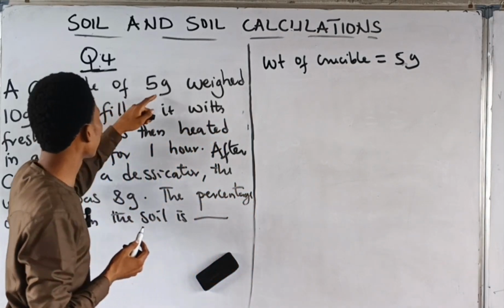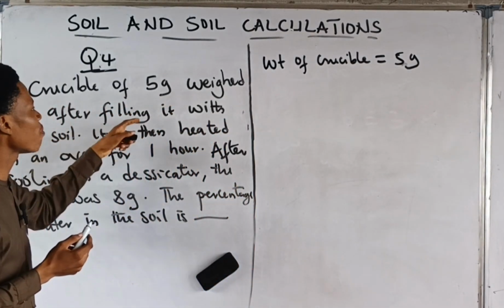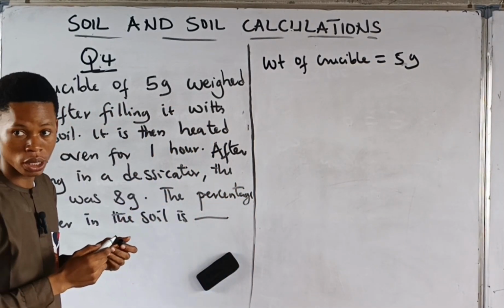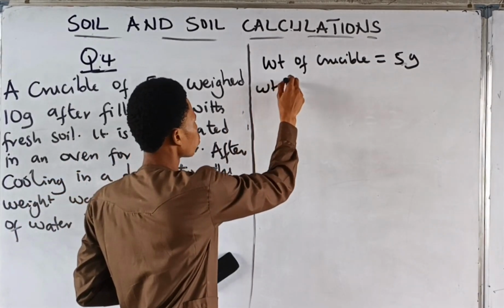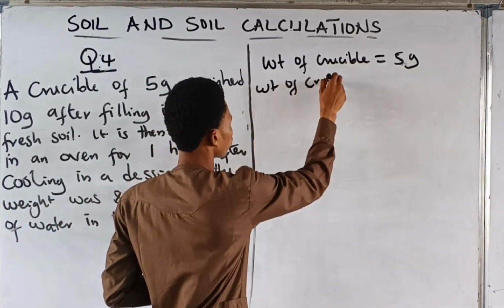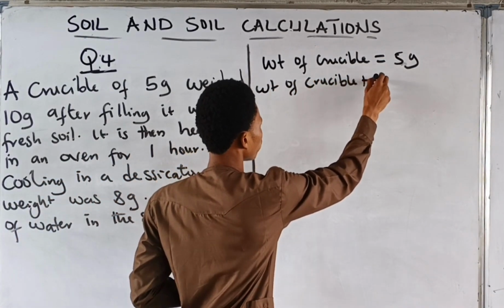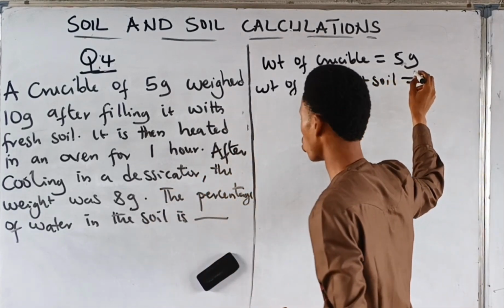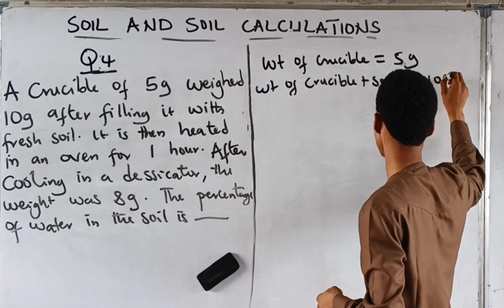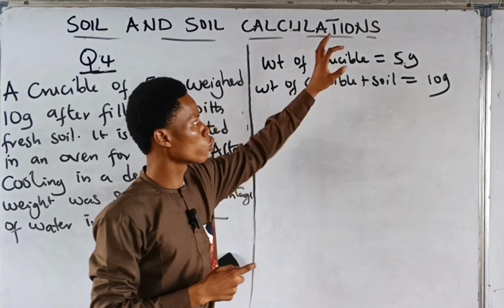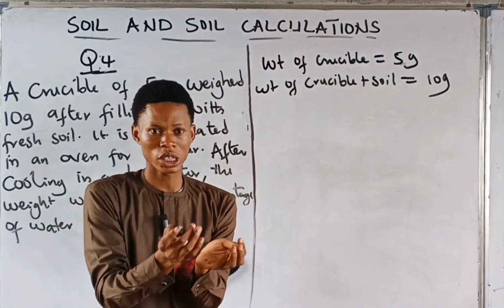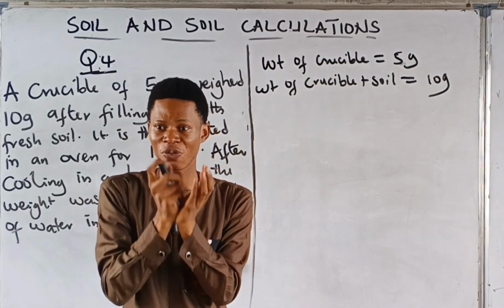And they said a crucible of 5 grams weighed 10 grams after filling it with fresh soil. So here, weight of crucible plus soil is what? 10 grams, right? Now look at this. The weight of the crucible alone, the container alone, is 5 grams.